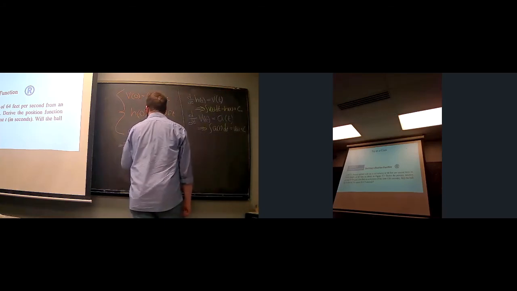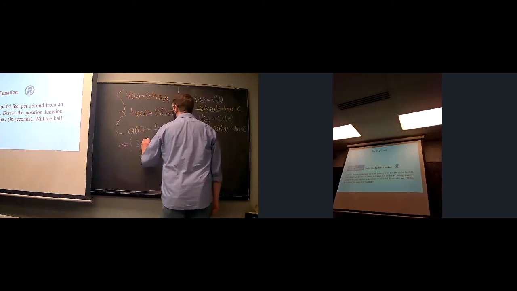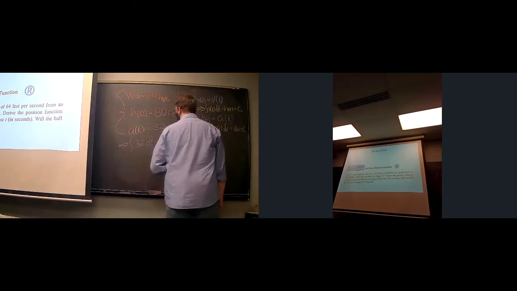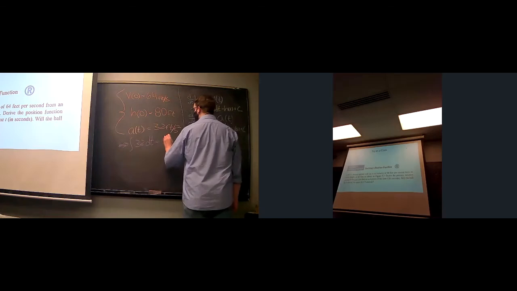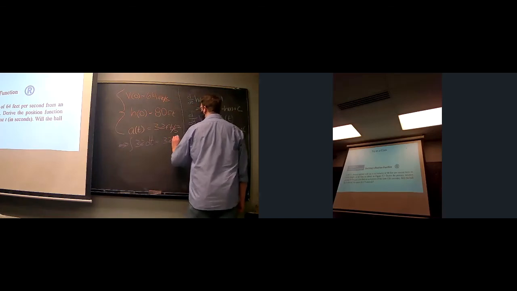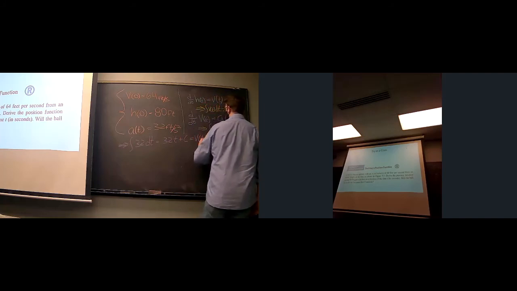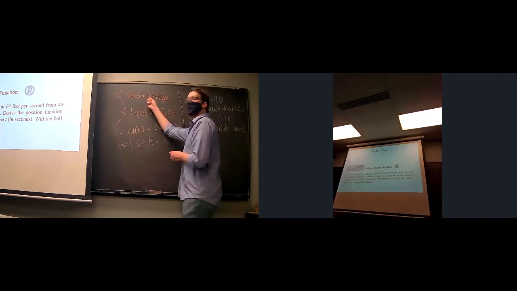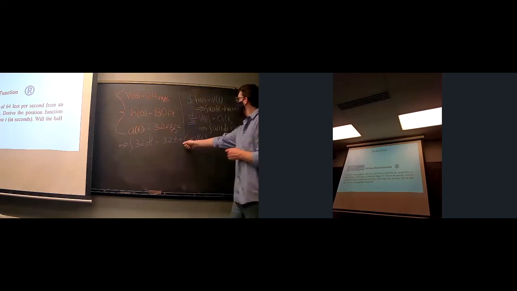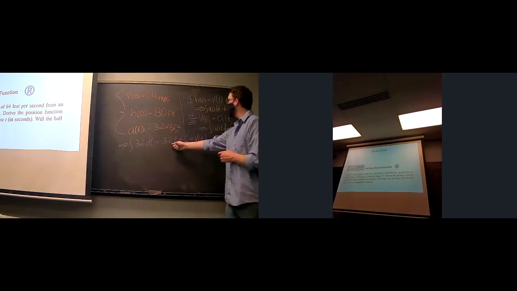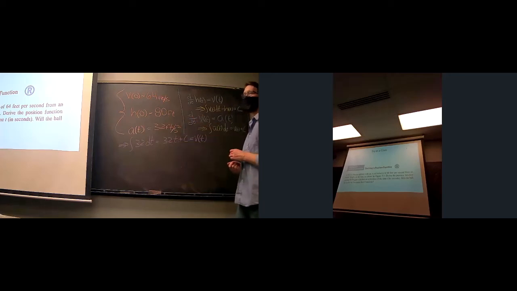So this tells us that the integral of 32 with respect to t, this thing's going to come out to be 32 times t plus some constant. This is equal to a velocity function. But hey, at time equal to 0, the initial velocity was 64 feet per second. So plugging in 0 for t, we get that c is equal to 64 feet per second.